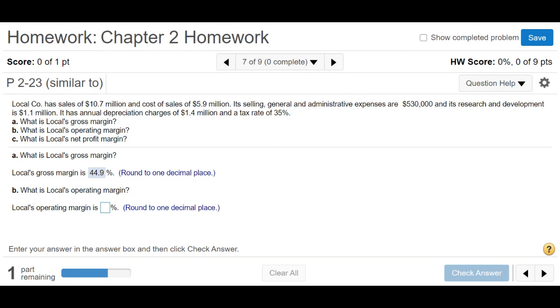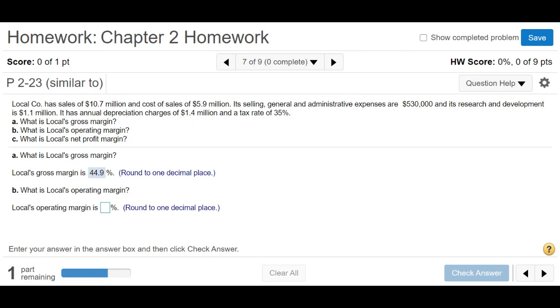That 4.8 minus 1,100,000 and minus 1,400,000. And then divide it by 10.7 times 100.